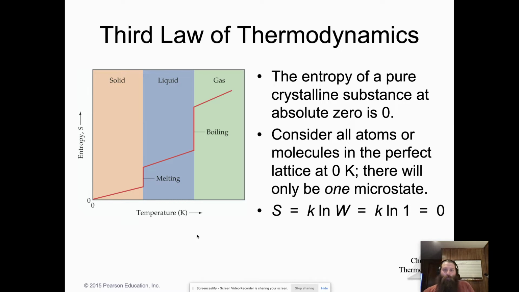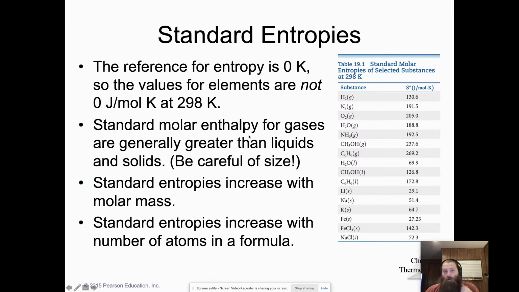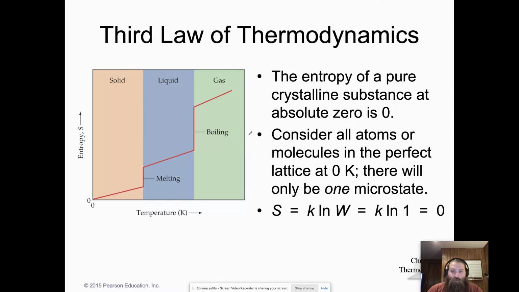Let's look at the third law. The entropy of a pure crystalline substance at absolute zero, and we're talking about absolute zero Kelvin there, has to be zero. That's kind of a by definition sort of thing. If you wanted to see that worked out, you can see it right here. Entropy equals Boltzmann's constant times the natural log of the number of microstates.